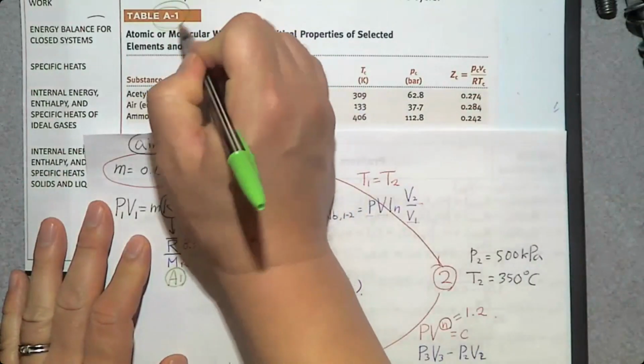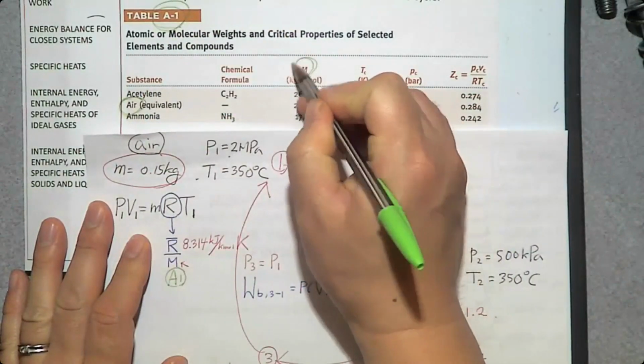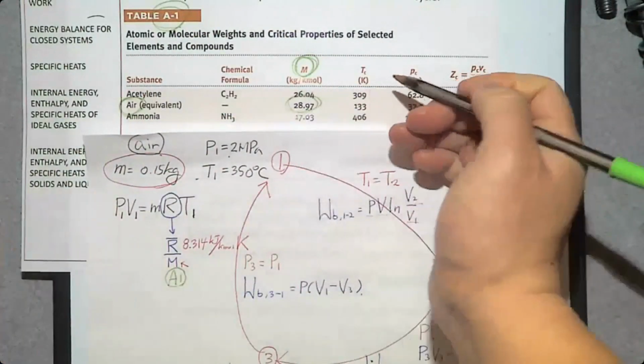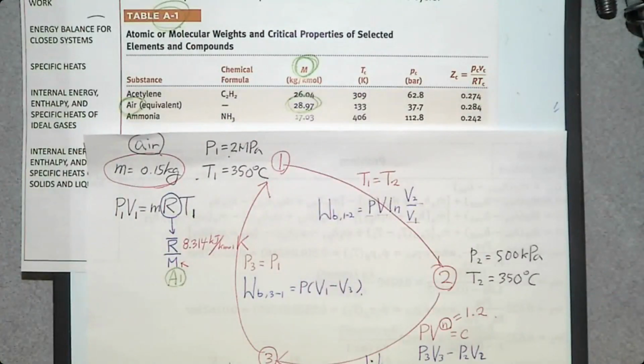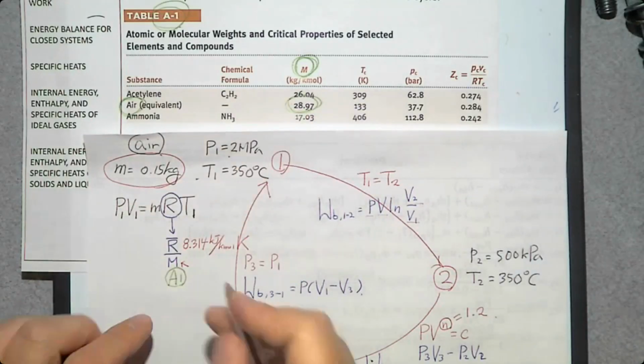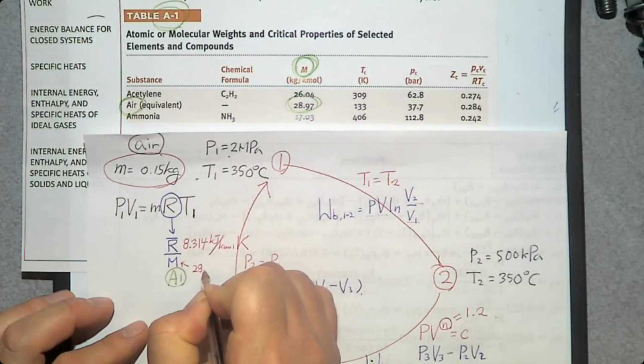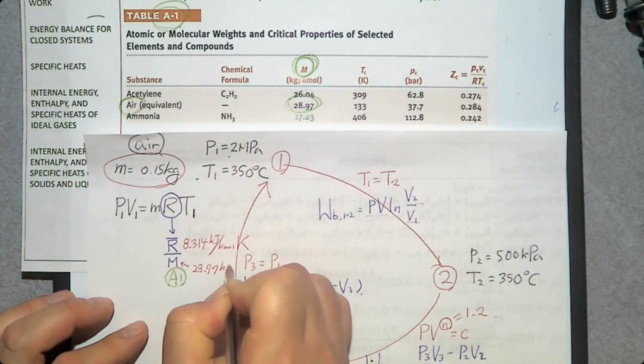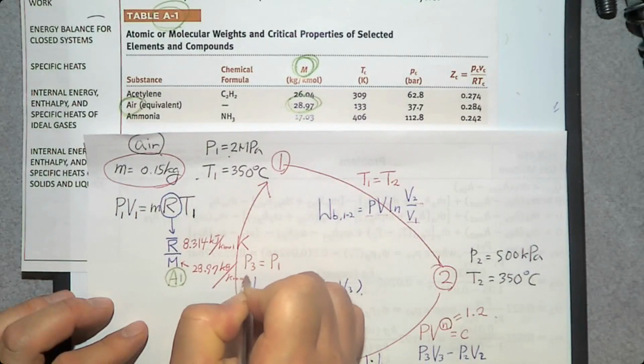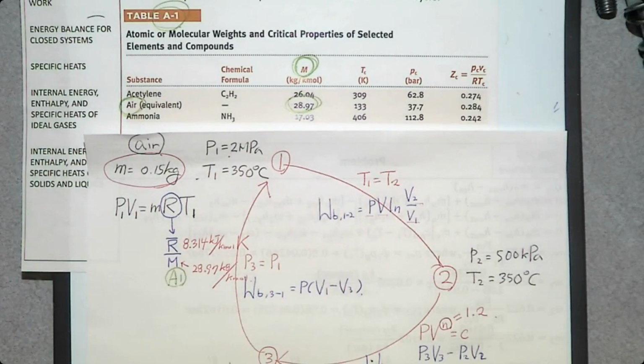Table A1, air. What is the molecular weight M? 28.97. So you can put this number here, 28.97 kilogram per kilomole. So that's how you determine the gas constant R for air.